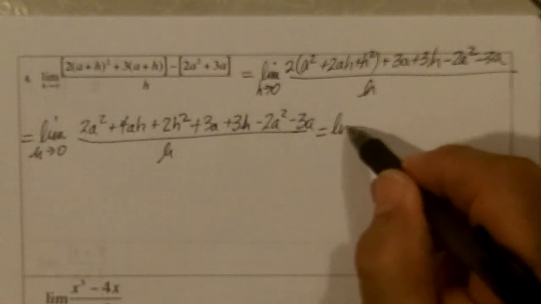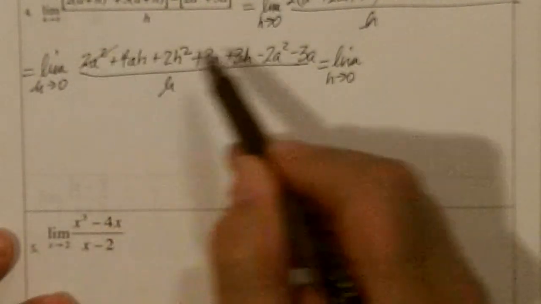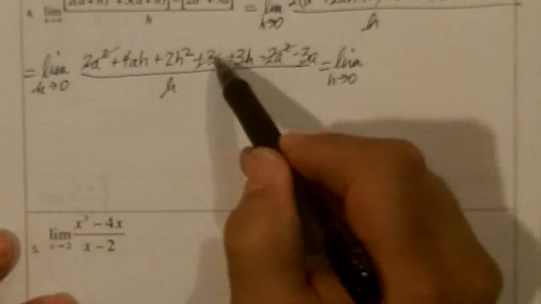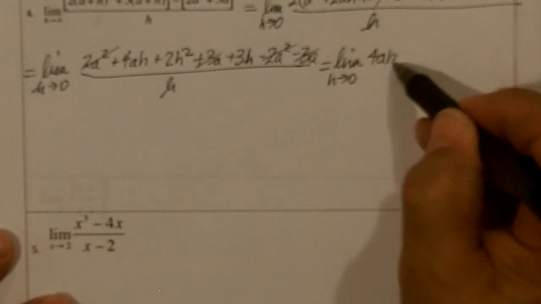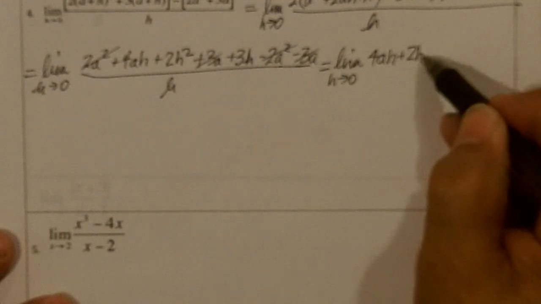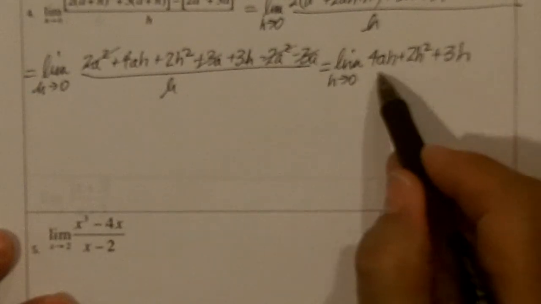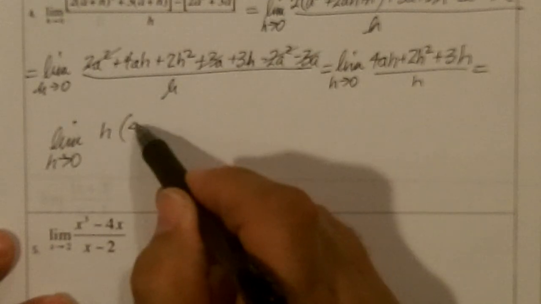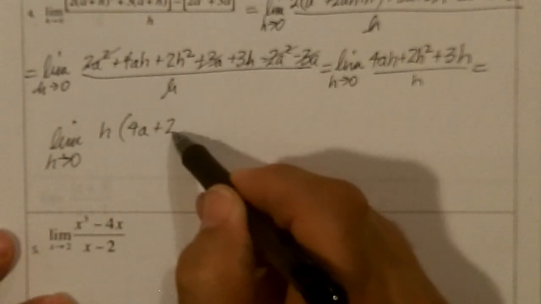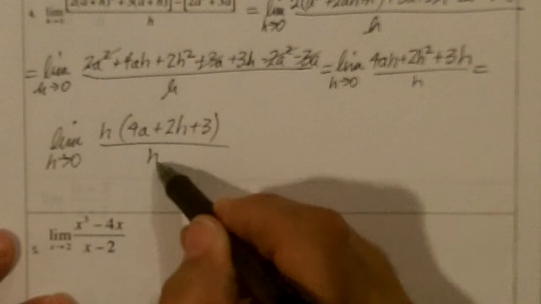That simplifies to, the 2a squareds cancel, the plus 3a and the minus 3a cancel, and we have 4ah plus 2h squared plus 3h, all over h, which becomes the limit as h approaches 0 of h times (4a plus 2h plus 3) over h.